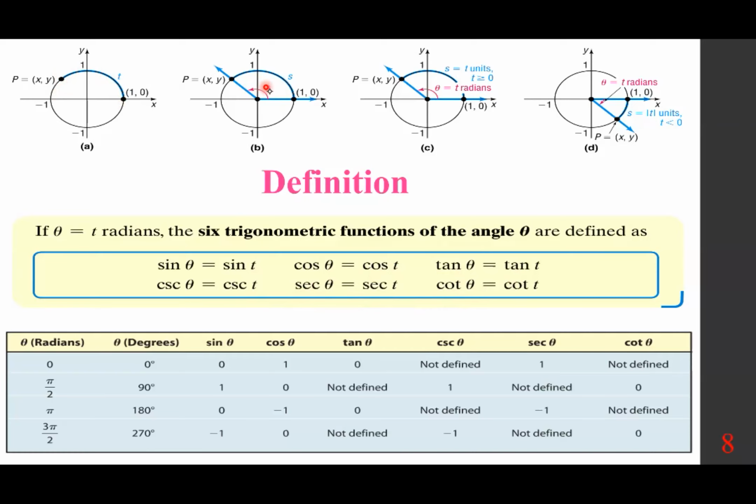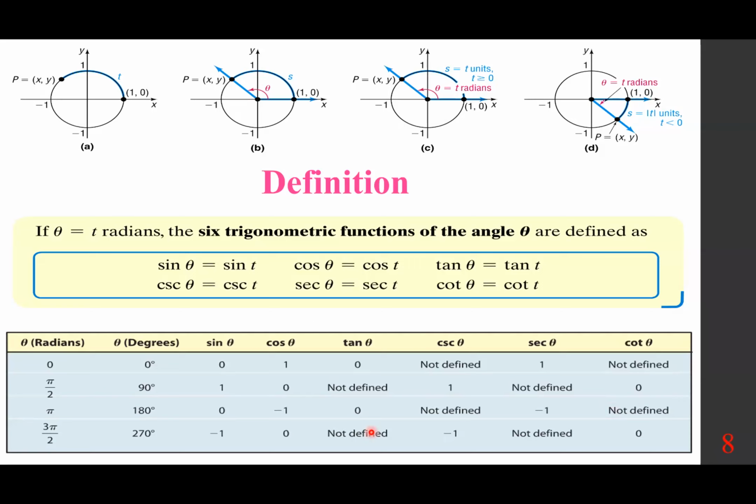Now, what you see here is what we discussed in the previous page, the exact values of the quadrantal angles. Quadrantal angles. That means theta equals 0, theta equals pi over 2 or 90 degrees, theta equals pi or 180 degrees, theta equals 3 pi over 2 or 270 degrees. We need to know all of them.